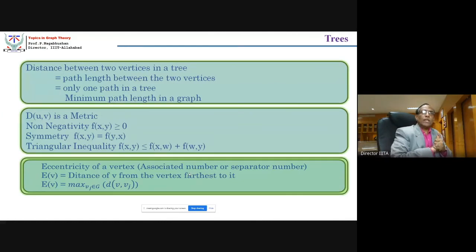Mathematically, you consider all distances from that vertex to all other vertices in the graph, and the maximum of all of them is the eccentricity of the vertex. You list all the distances the vertex makes with all other vertices Vj, and the one which is maximum is the eccentricity.